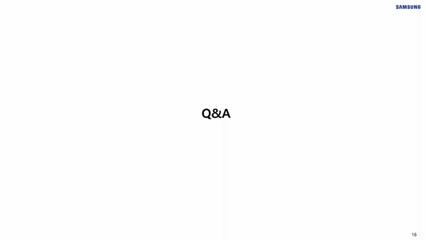And then we have the seventh question here. How do we check which version of Knox is used in a device? It's actually quite easy. You just go to Settings, click on About phone, and then click on Software information. From there, you can see the specific Knox version of the device.